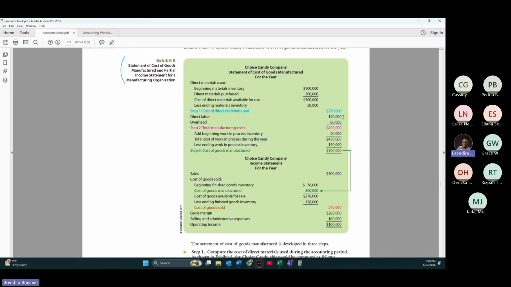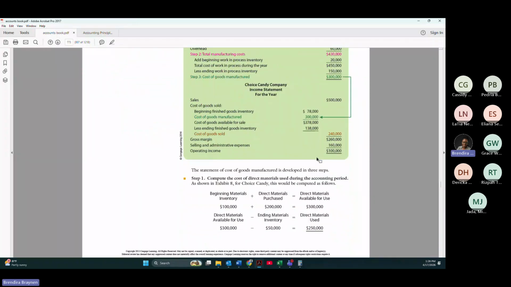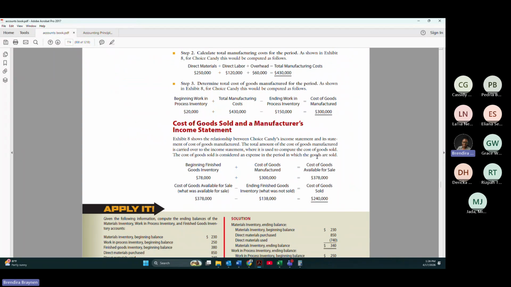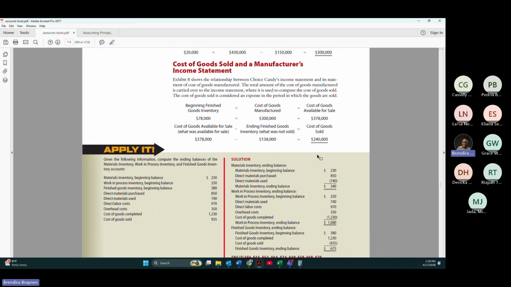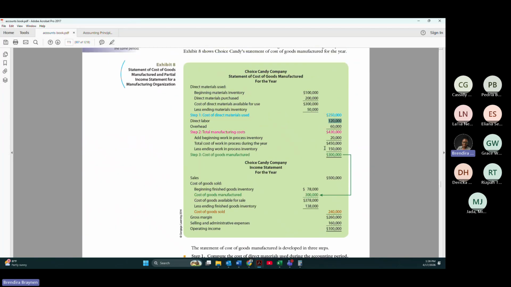Be reminded, direct labor, sometimes they give it to you not as a number. Sometimes they tell you something like the staff worked 50 hours and their pay is $30 per hour.